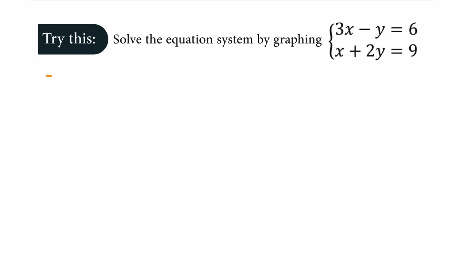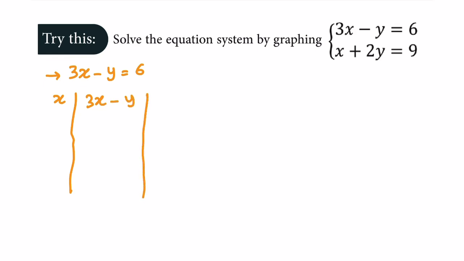So I'm going to bring each equation, 3x minus y equals 6. I'm going to give it values. For example, x, and then the answer for y that we are writing here. Let's say we get 1, 0, and negative 1, okay?